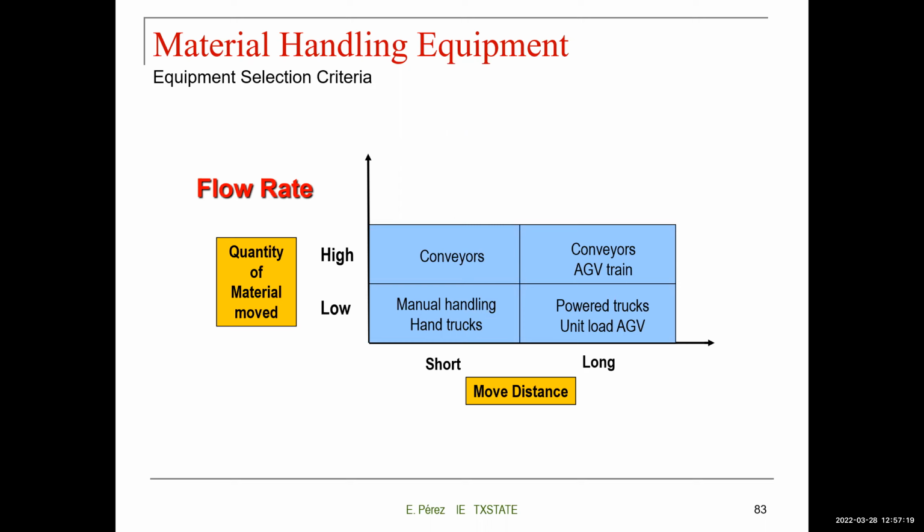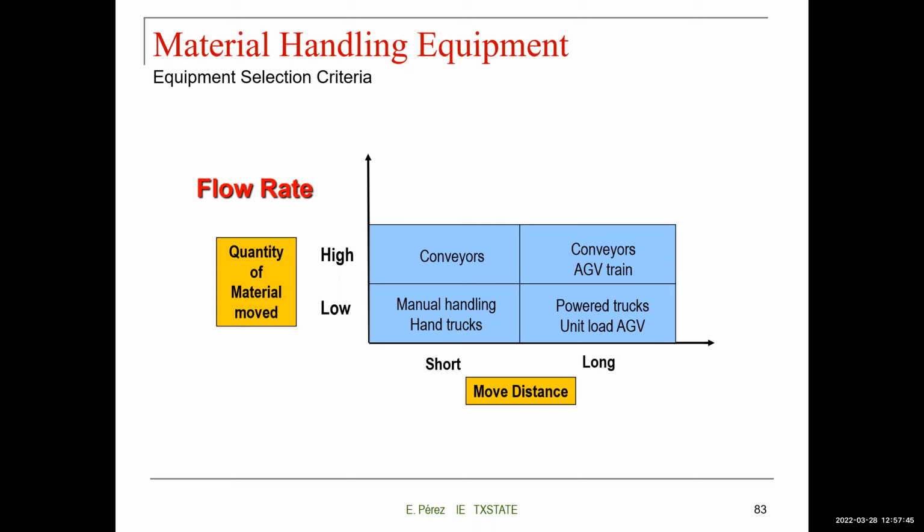Manual handling or use a hand truck. If you have a low material to be moved in a long distance, then you have to go for a power truck or a unit load AGV. And in the case in which you have a high quantity of material to be moved in long distances, conveyors and AGV trains should be the options.